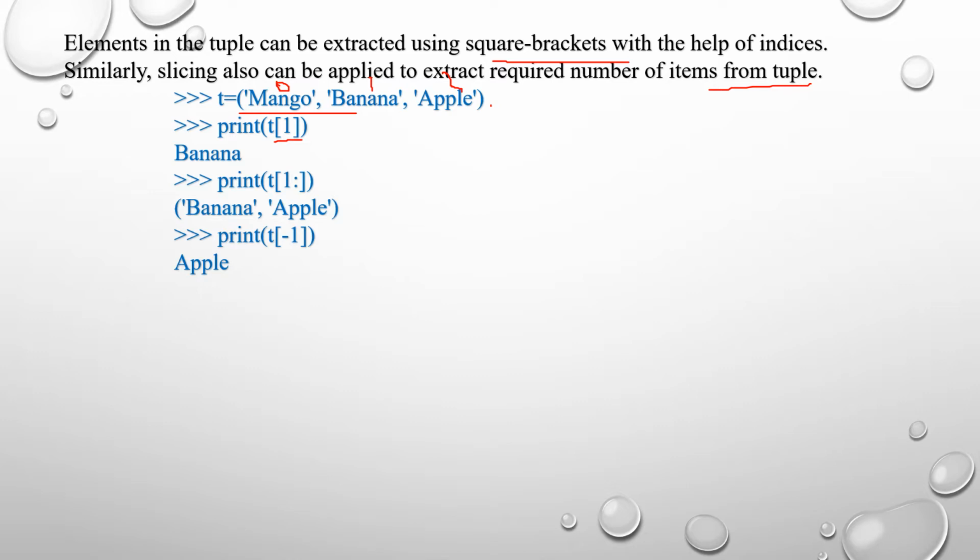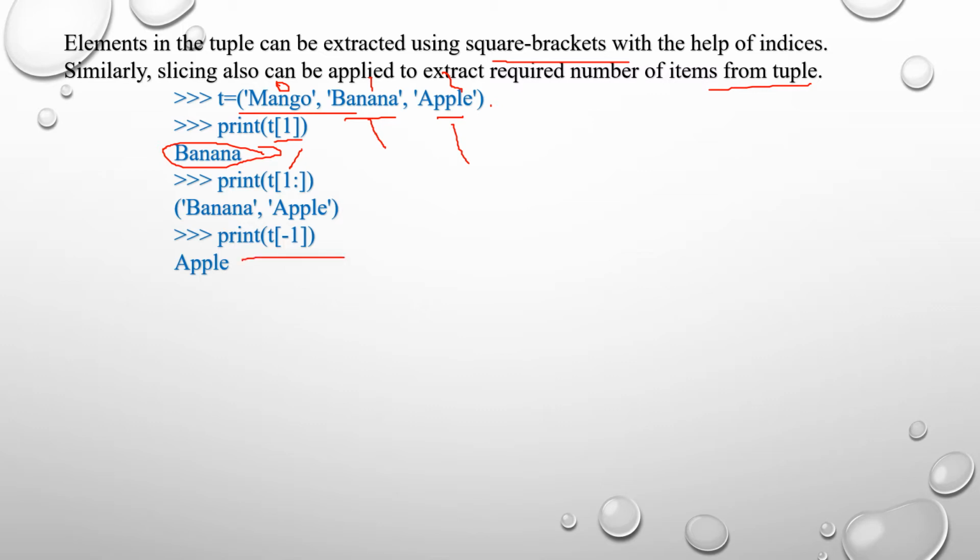So if you print t of 1, it will print banana. If you print t, open the square bracket, 1 is the start value, and a colon. The end value we have not specified, so it will print from the first indexing value to the last indexing value. So it will print banana and apple.